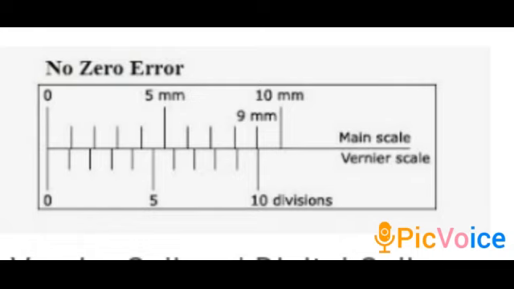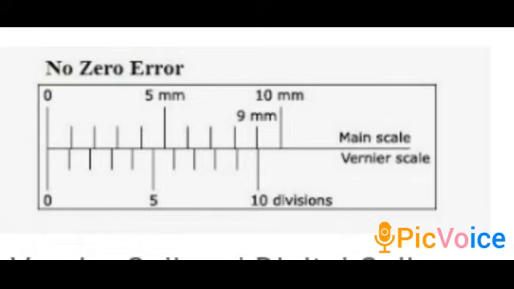Why? Because the 0 of the vernier scale and the 0 of the main scale both lie on the same line. They are touching each other. So before measuring, suppose you have a piece of chalk and you have to measure its length.